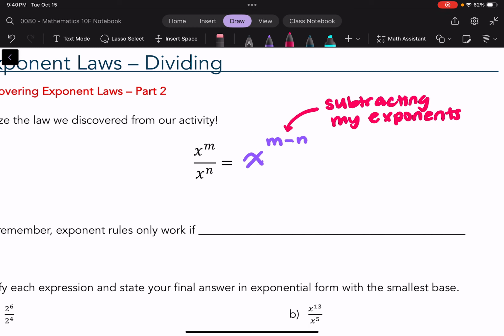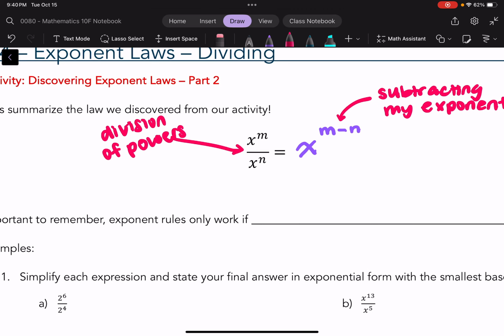Something else that I notice is that this is when I only have division of powers. So my last law, or the last law we talked about, was when we had the multiplication of powers. This exponent law works for the division of powers. So this is also true if I had it written in a different way that still implied division.